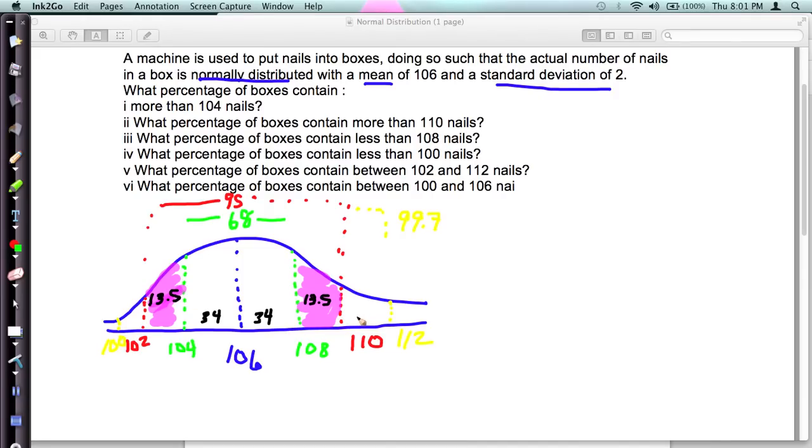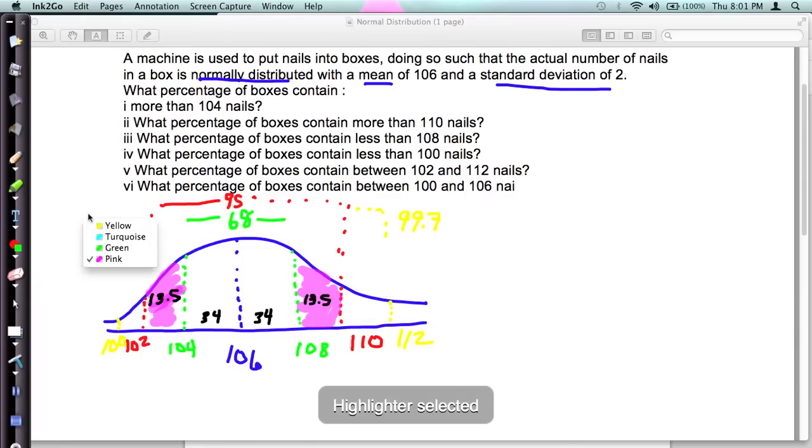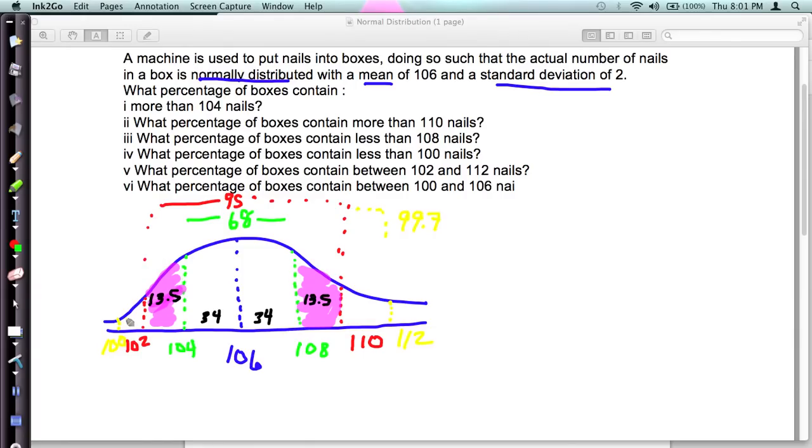And then we're at the last part: 99.7 minus 95, divided by 2, and you get 2.35. So these pieces are 2.35.